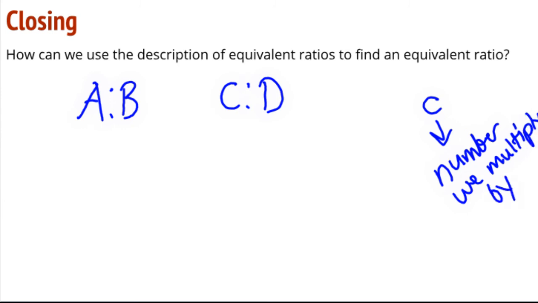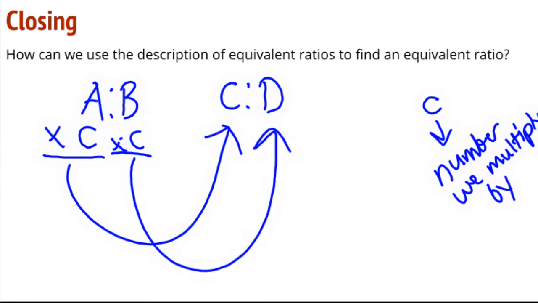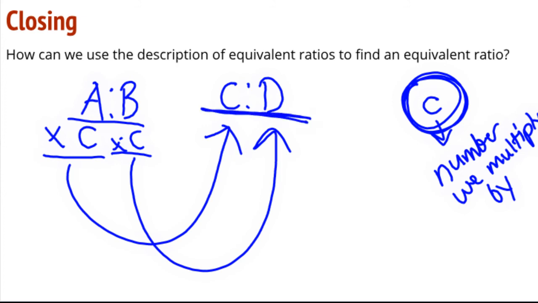So I can take this A and multiply it times little c, and I get the big C. And I multiply B by the little c, and I get the big D. We covered that definition yesterday. So if there is a number right here, a little c, that I can multiply by, and in this video I showed you, hey, we can divide by 2. If I can divide A and B by little c and get big C and big D, it also works.